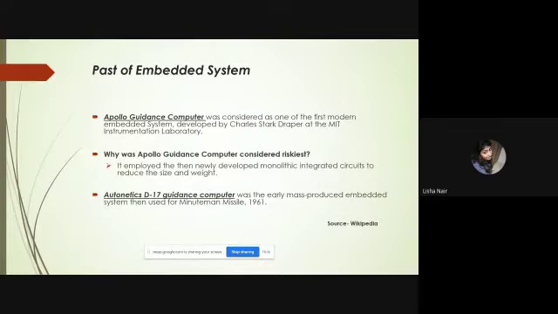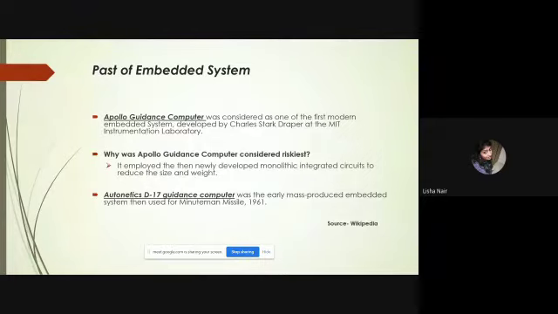That was the first modern embedded system, which was developed by Charles Stark Draper for the MIT Instrumentation Laboratory. What he considered about the Apollo guidance computer is that it is risky. Why? Because it had so many monolithic integrated circuits, which are reduced in size and weight, but could cause a short.